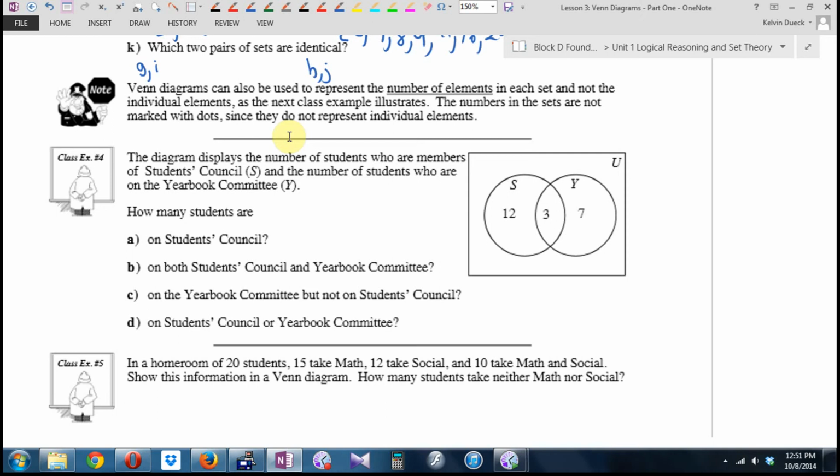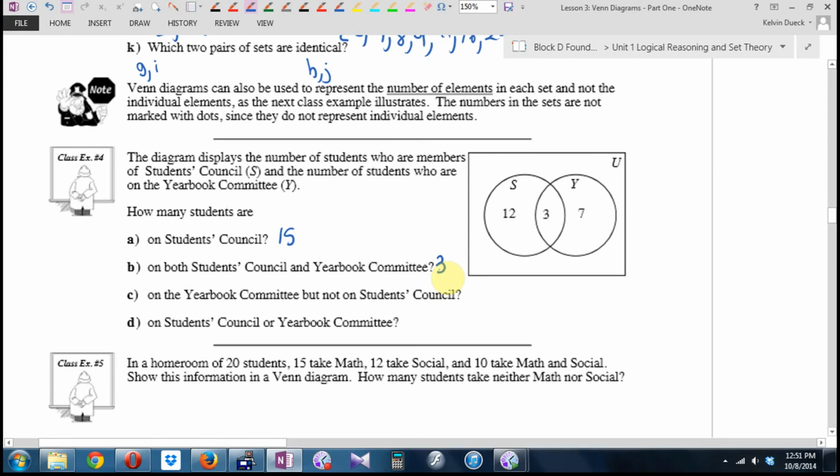How many students, grand total, are on student council? 15. How many students are on both? 3. How many students are on yearbook but not on student council?